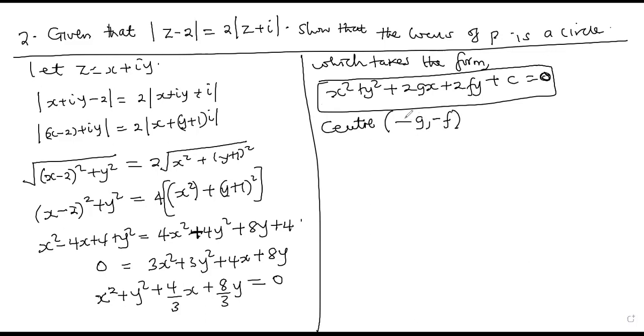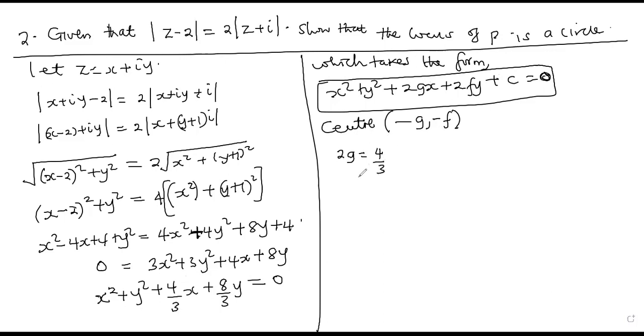We can also note that, meaning that we can compare this equation with the one that we've gotten, so that we get the values of g and f, and then we get the center, then we also get the radius. So by comparing, our 2g will be equal to 4 out of 3. If you compare the coefficient of x, it will be equal to 4 out of 3.